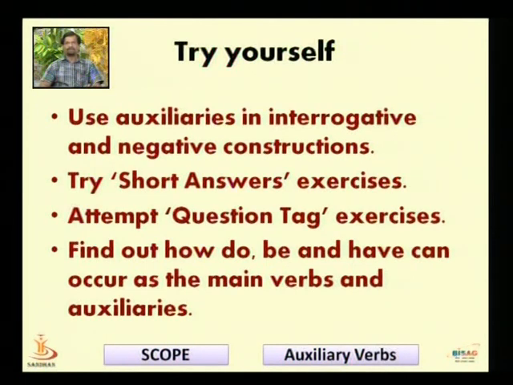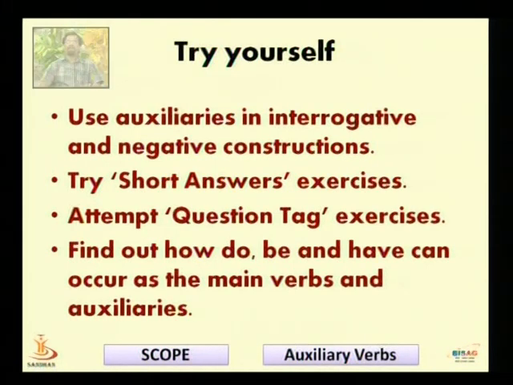One more exercise is to find out how do, be and have are used, or how they can occur as the main verbs and the auxiliary verbs. Friends, I have shown you how the same verbs, that is do, have and be, can occur in two different categories, that is main verbs and auxiliary verbs.